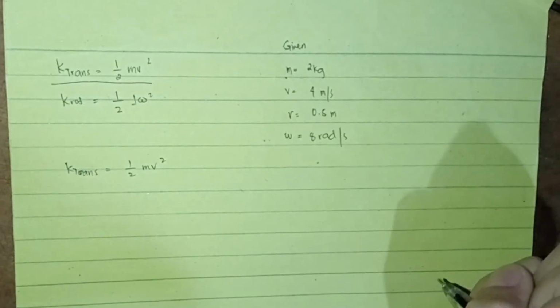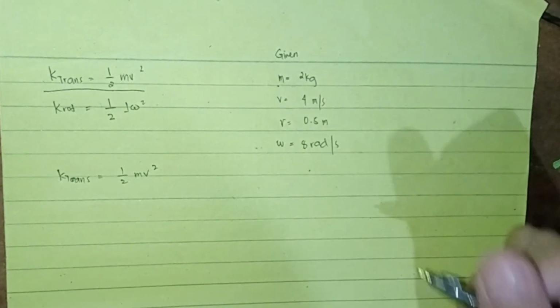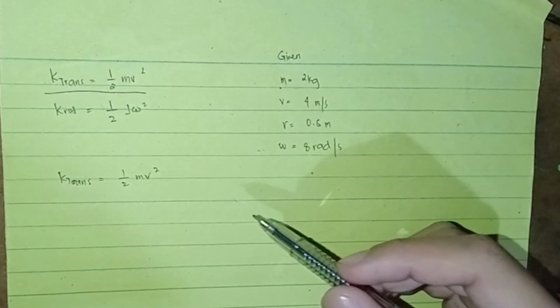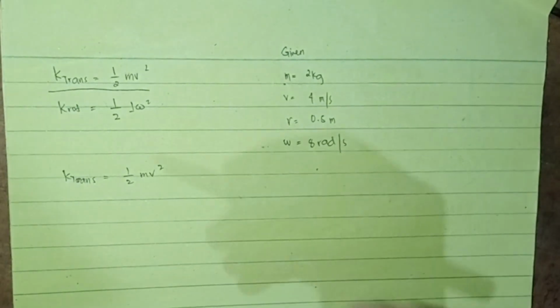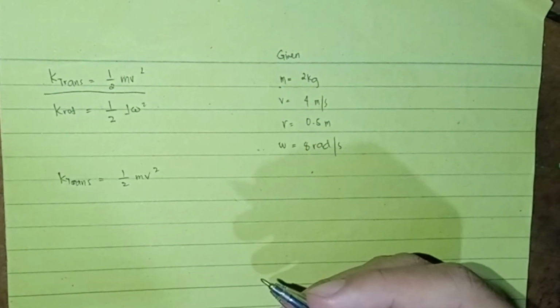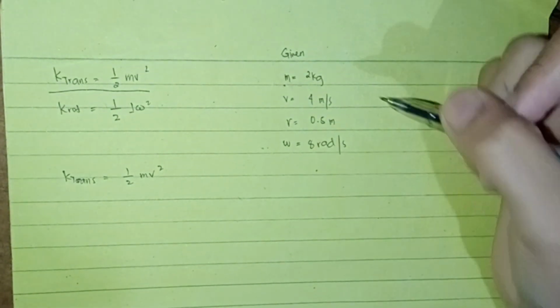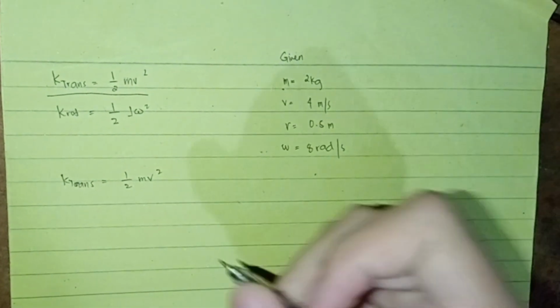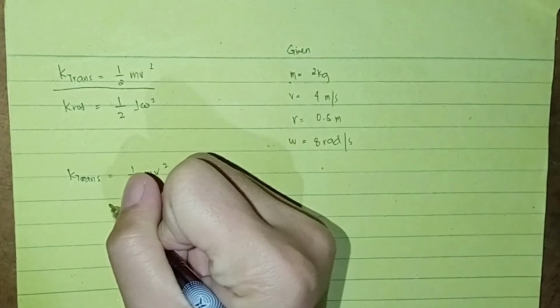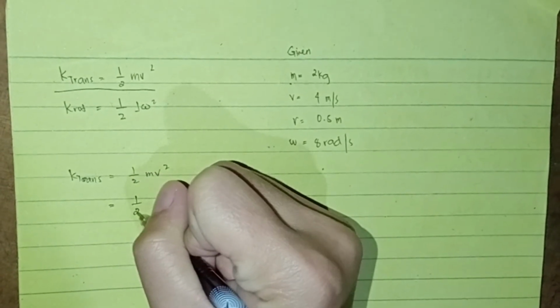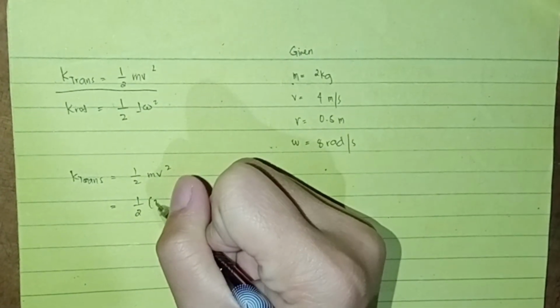In solving total kinetic energy, let us first solve for our translational kinetic energy. So our formula is 1/2 mv squared. This is our given, so let us just substitute 1/2. Our mass is 2 kg.